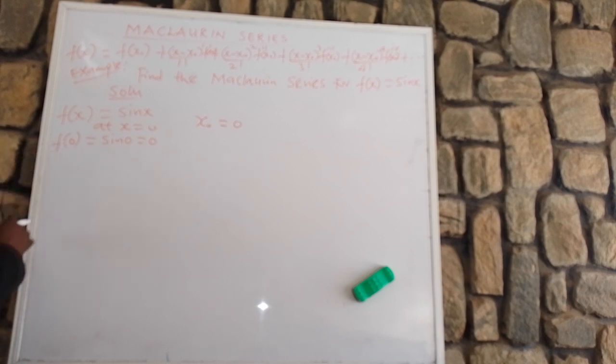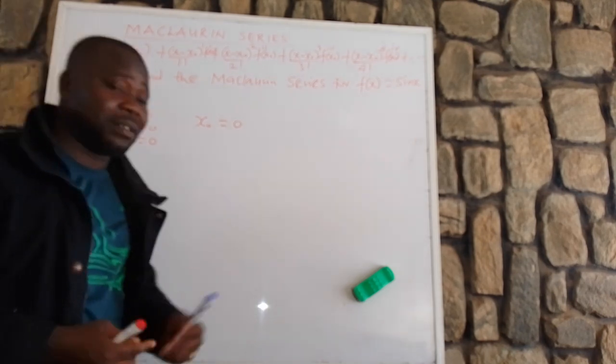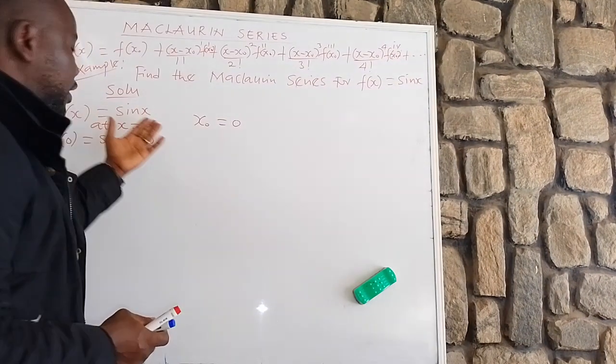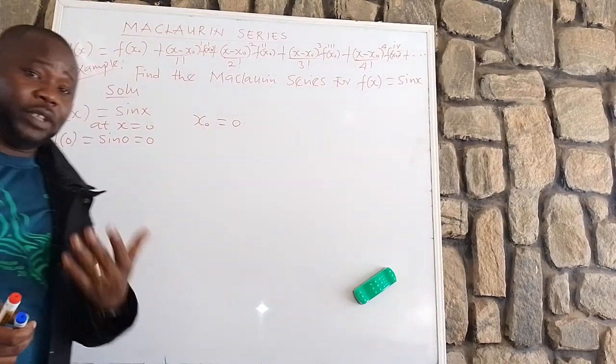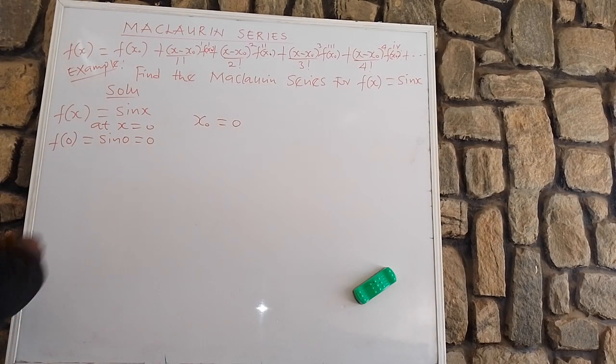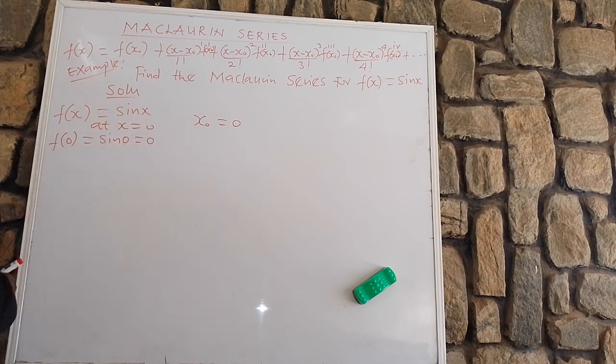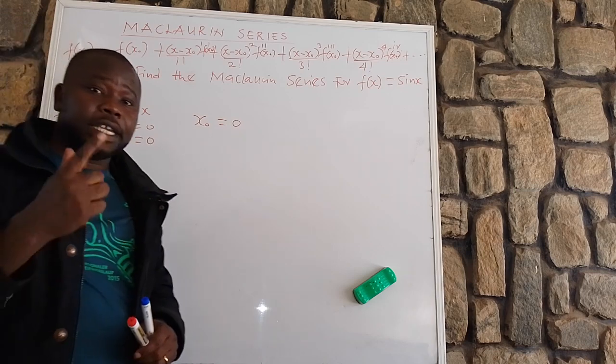So how can we differentiate this function? I told you earlier that when you are dealing with Maclaurin series, you need the basis of calculus, most especially differential calculus. If you differentiate sine x, you are going to have cos x, true or false?